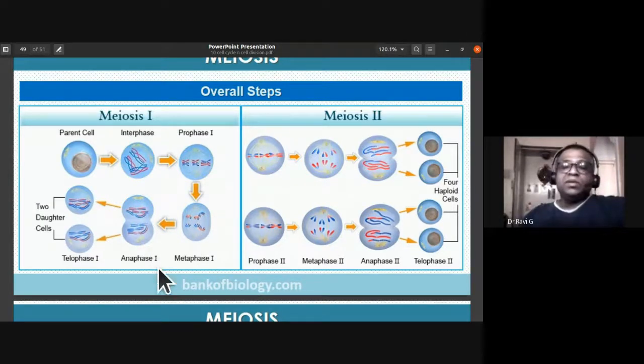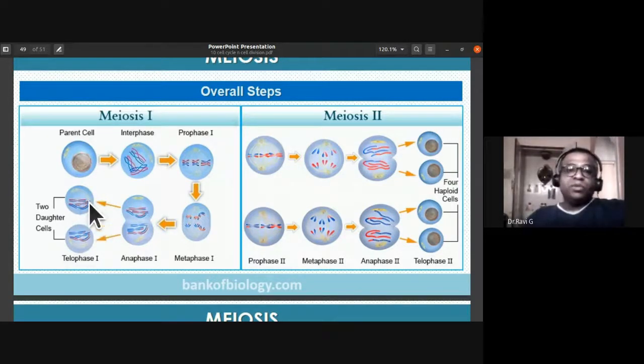Now the chromosomes are arranged at the opposite poles because of the contraction of the spindle fibers, and then it enters into telophase, where there is a reappearance of the nuclear membrane and nucleolus along with endoplasmic reticulum and Golgi complex. And you can notice that two daughter cells are formed, and each one of them is haploid.